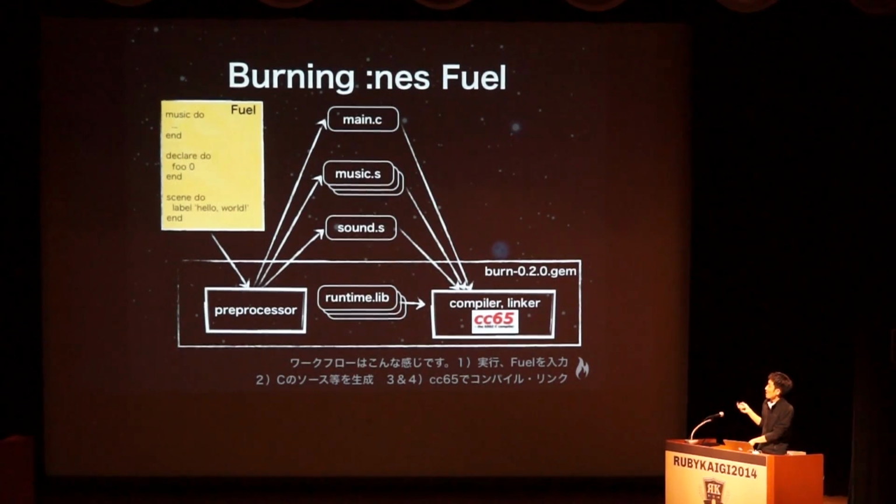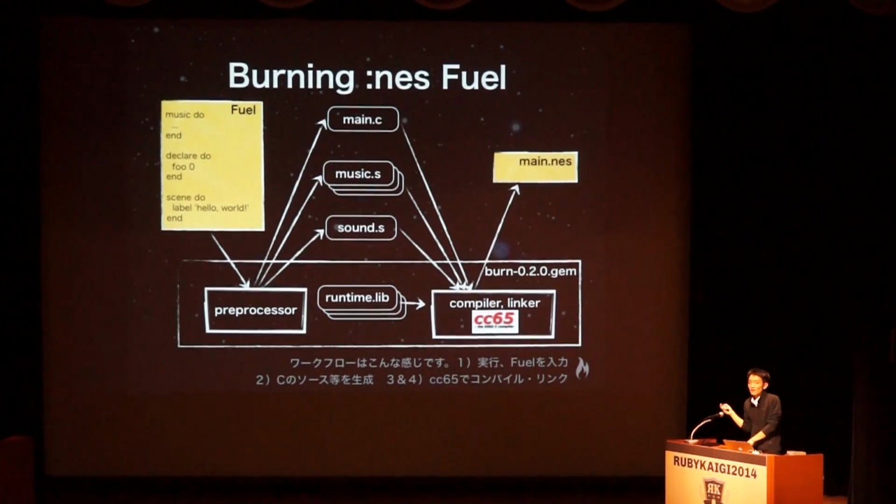And lastly, CC65 will take these intermediate files to compile and link. So finally, you get the main.nes file. And after this, I run some web server, and you can see that the emulator works. Okay.